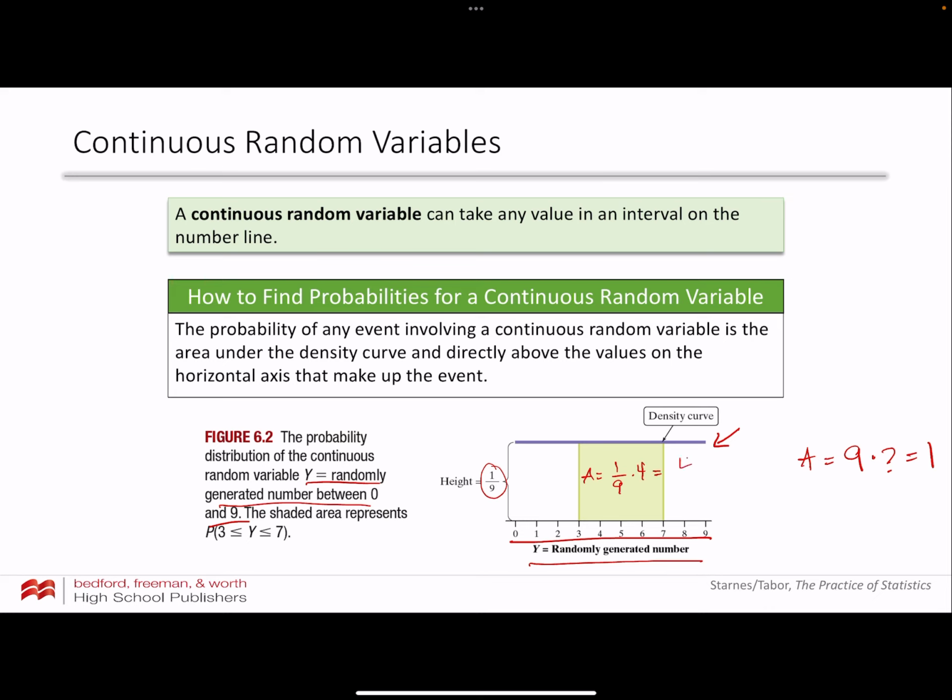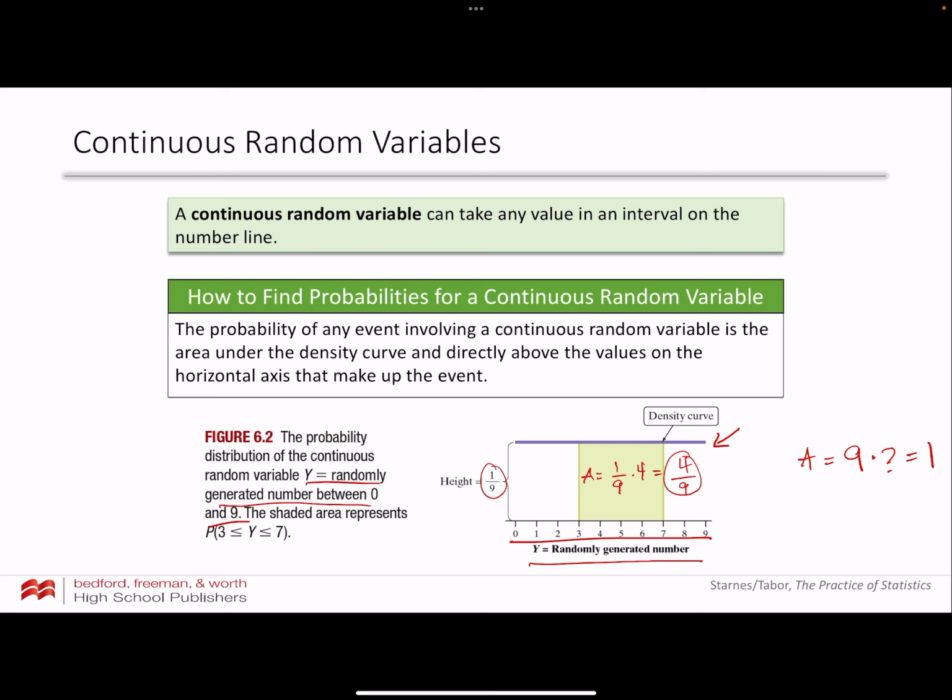So that area would be 4/9. In chapter 2, we asked questions using density curves, but the questions were something like this: what percent of randomly generated numbers are between 3 and 7? And you would say, 4/9 of them.